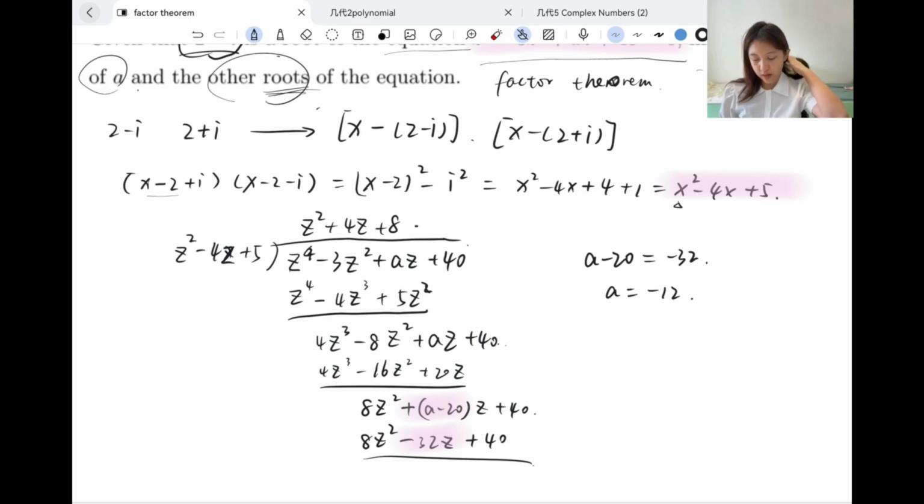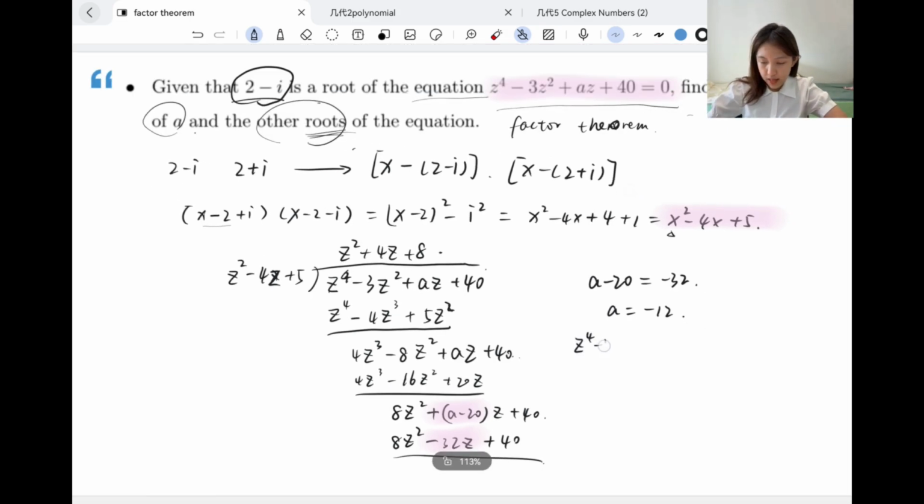And then we can write the equation from this to this.